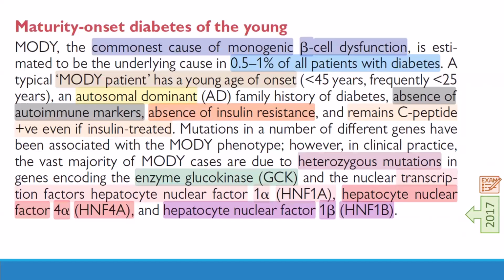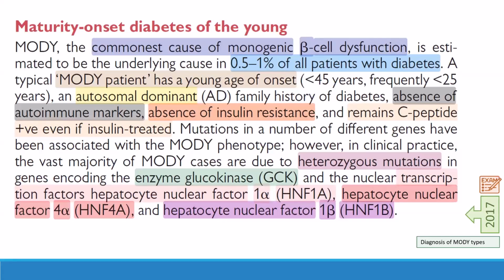MODY, maturity-onset diabetes of the young, is the commonest form of monogenic diabetes mellitus, inherited by a single gene. It represents about 0.5 to 1% of all patients with diabetes. It is usually diagnosed in the young, age less than 45. It is autosomal dominant, with strong family history, absence of autoimmune markers and absence of insulin resistance.